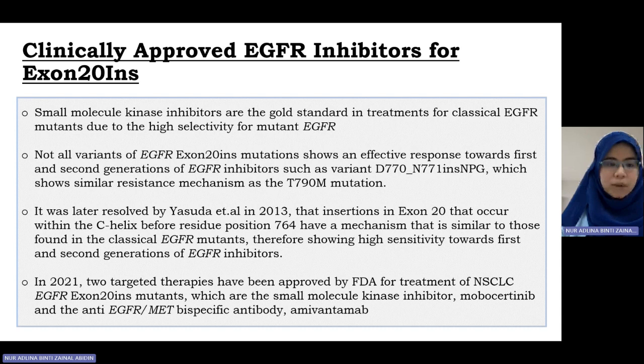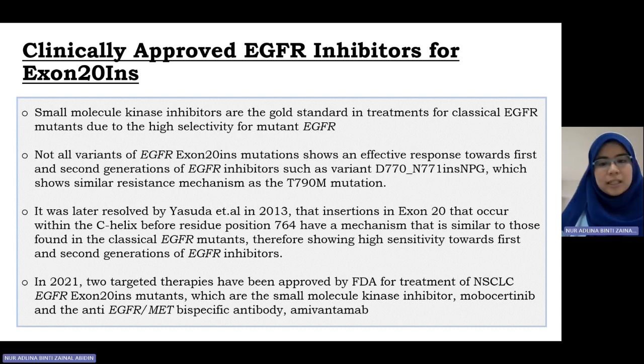It was later resolved by Yasuda in 2013 with his team that insertion in exon 20 that occurs within the C-helix region before residue position 764 shows a mechanism that is similar to those found in the classical EGFR mutants. Therefore, this type of exon 20 insertion variant shows high sensitivity towards first and second generation of EGFR inhibitors.